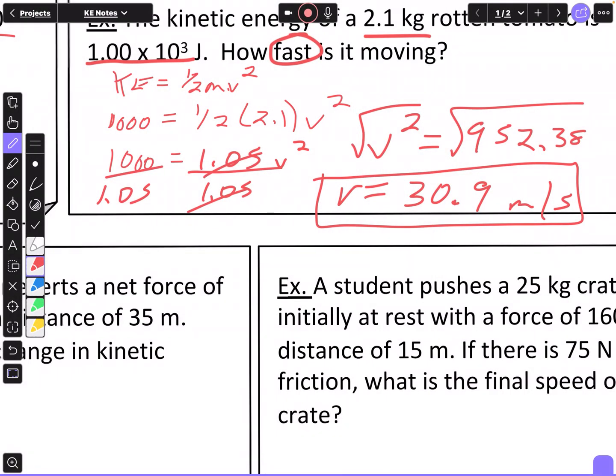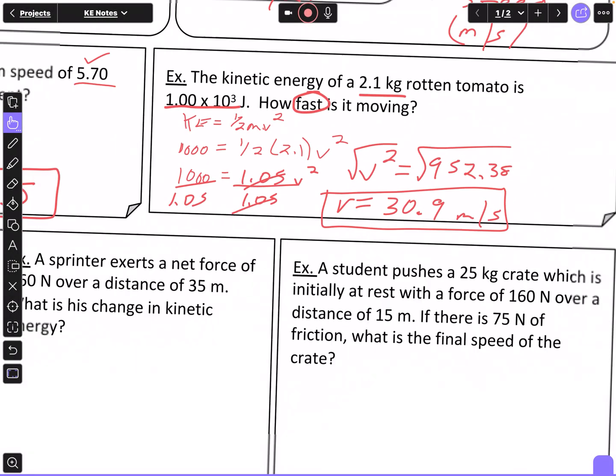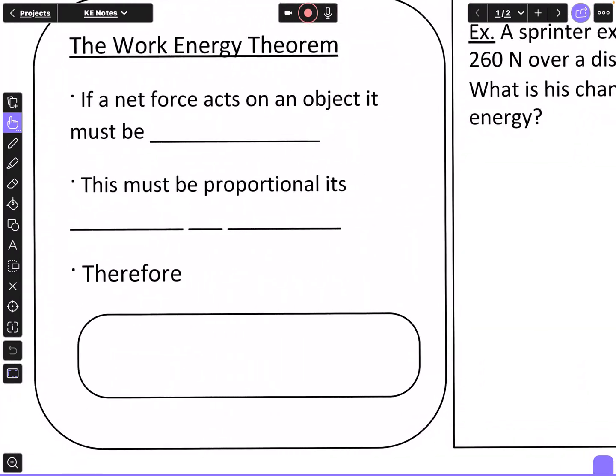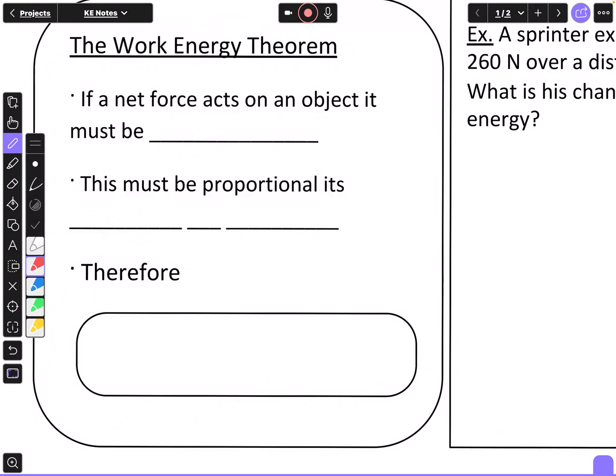Now, one other part of this is the work energy theorem. And that says if a net force acts on an object, it must be accelerating. And this must be proportional, I should say, to its change in kinetic energy.